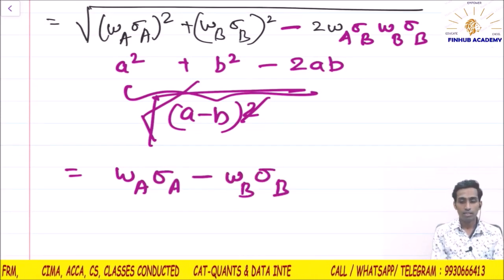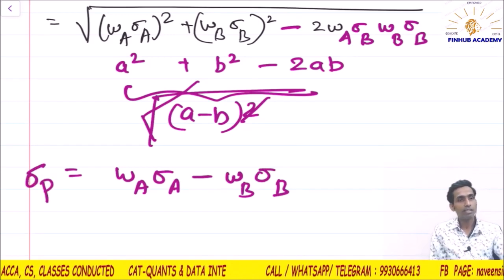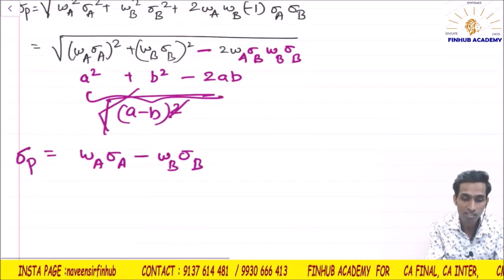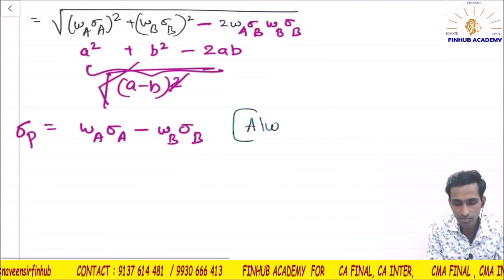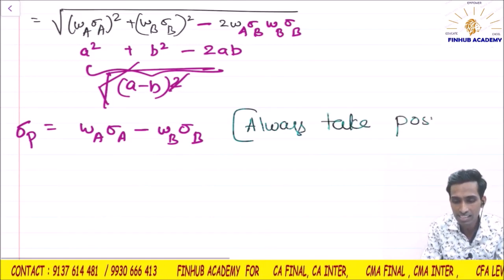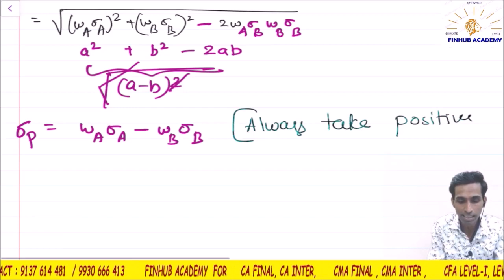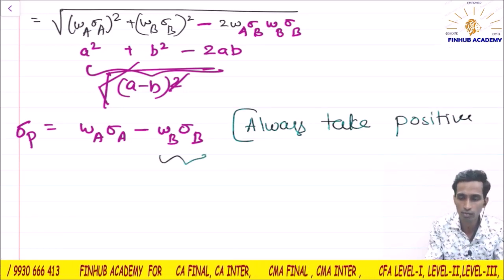Easy. Yes, such an easy question will come in the exam. Okay, fine. Now please copy. Always take a positive answer. Always take the figure as positive. This can be bigger, but take it positive because standard deviation is always positive. Always take a positive number.